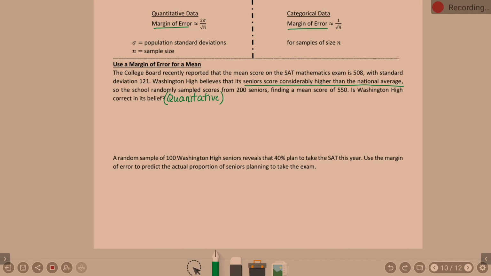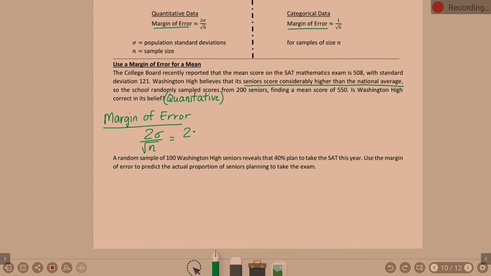So, our quantitative formula, it's right up above, yes? What is our quantitative margin of error? It's 2 sigma over square root of n, which is 2 times, what is sigma?